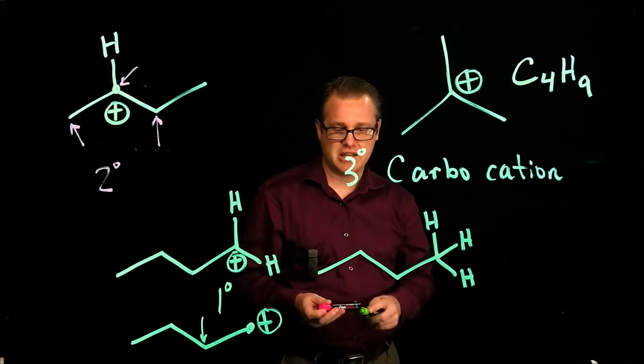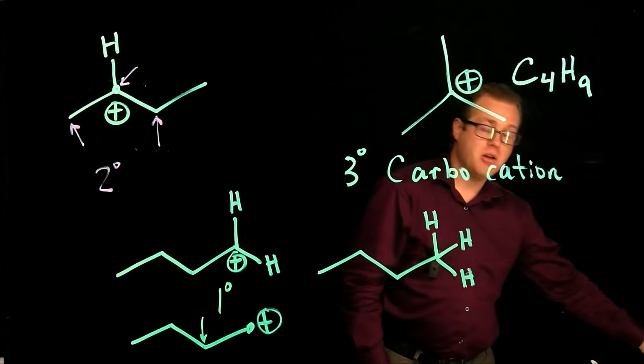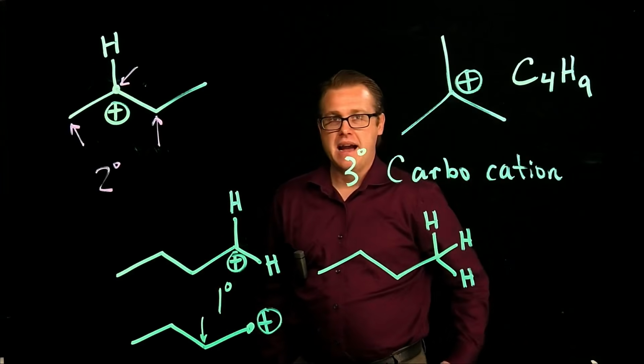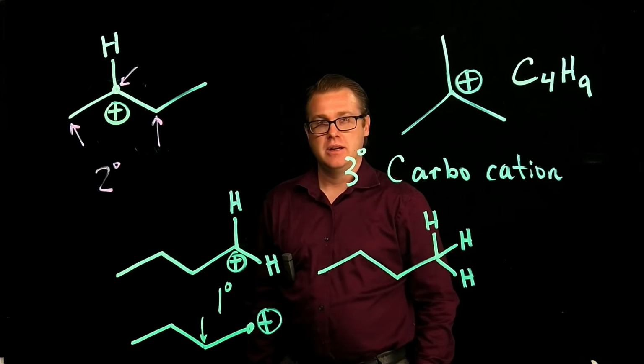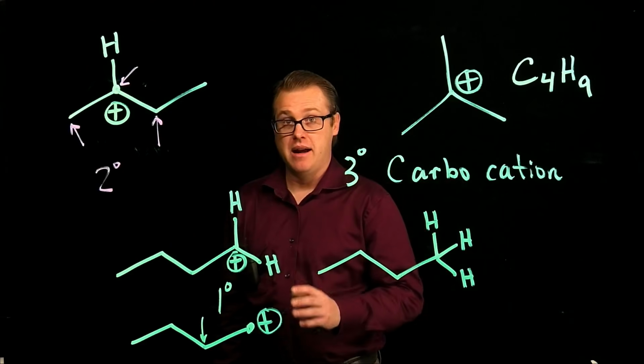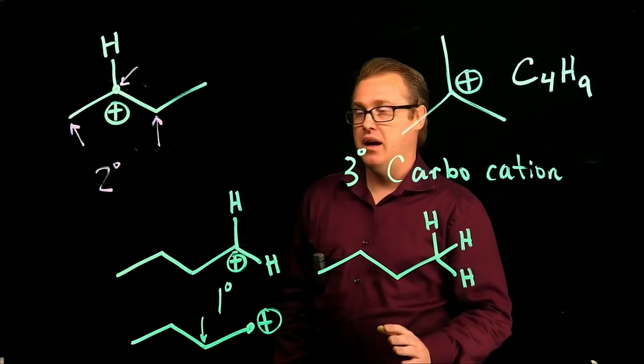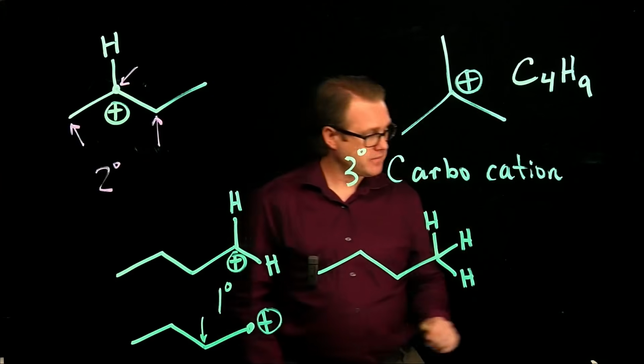That's the skill set that you want to have in organic chemistry, because you cannot memorize all the reactions that we are going to go through. You need to understand the principles that I'm teaching you here, and this is one of those very important principles, looking at the degree of the carbocation.